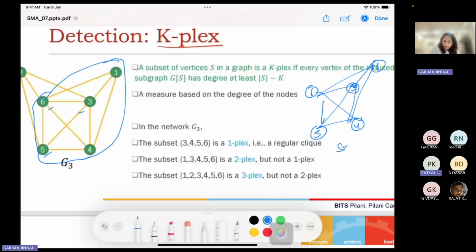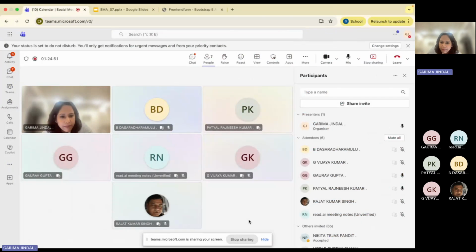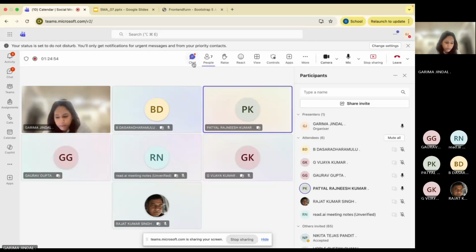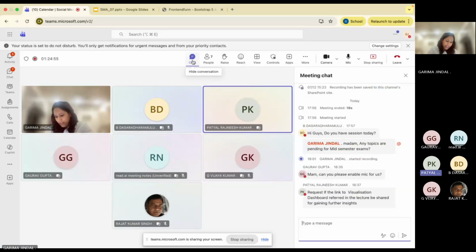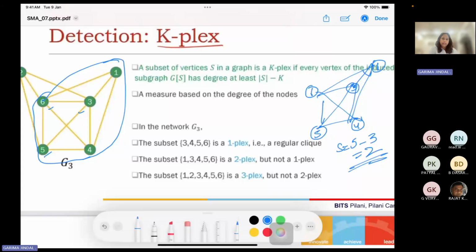Firstly, we identify the size. It will be 5. What is the answer? 2, ma'am. Okay, 2-plex. So we check the value here. The size was 5 and the minimum degree in this graph is, I think, 3. So 5 minus 3 is 2. So this is a two-plex graph.